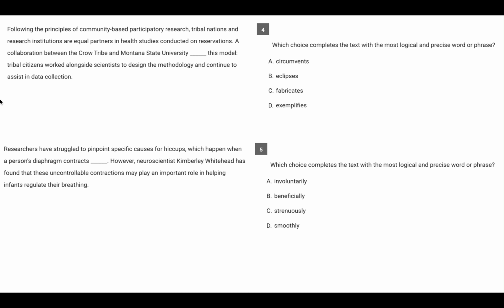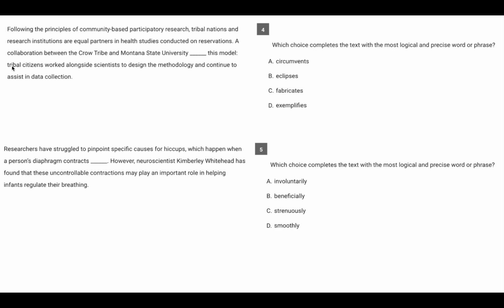Tribal citizens worked alongside scientists to design the methodology and continued to assist in data collection. Okay, so there is some kind of model. They're saying this model. And to find what kind of model it is, we have to look at the first part of the sentence. Following the principles of community-based participatory research, tribal nations and research institutions are equal partners.